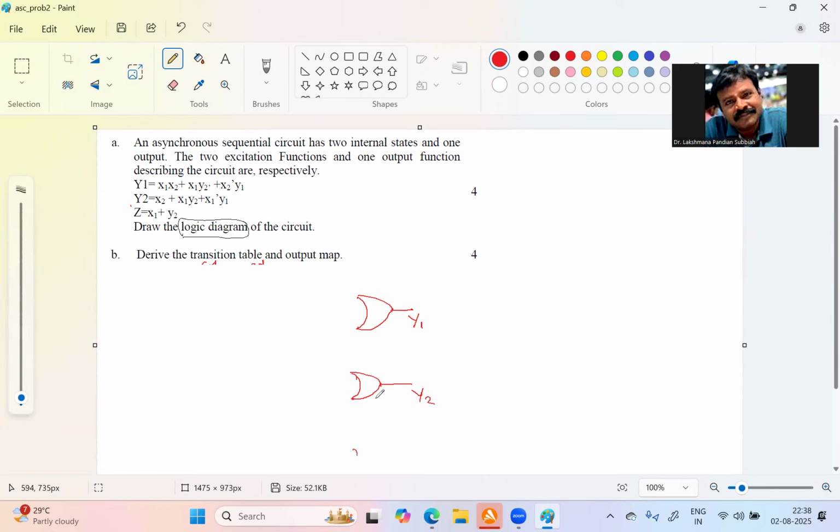So we have another OR gate with Z as output. And then you have to draw three AND gates in front of that one. So one AND gate, then another AND gate, then another AND gate. Those AND gate outputs are connected to the OR gate.